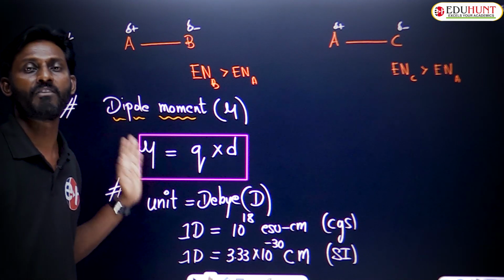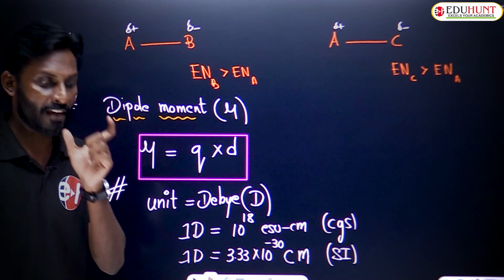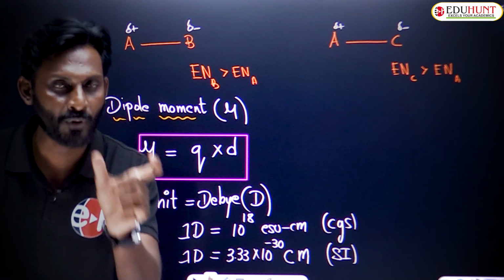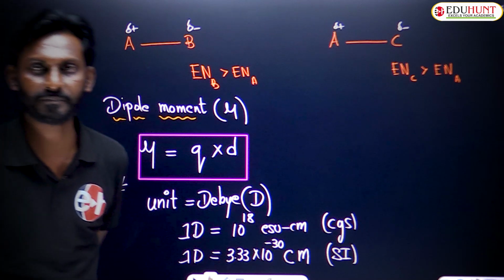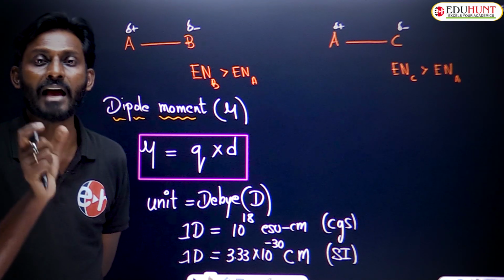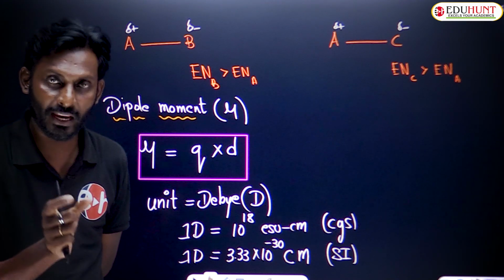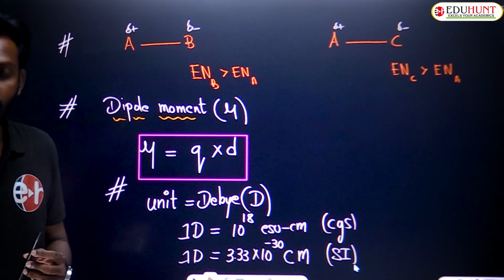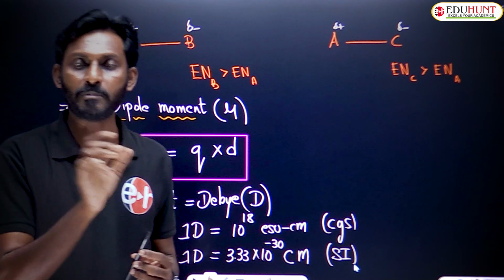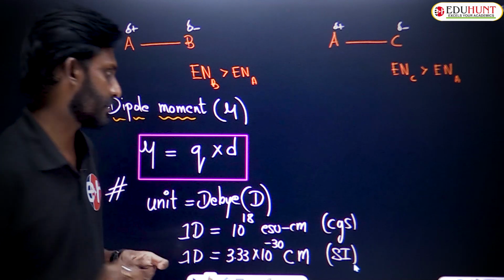What is the purpose of measuring dipole moment? If the molecule has some dipole moment, it means the molecule is polar. And if the molecule's dipole moment comes out to be 0, it is non-polar.